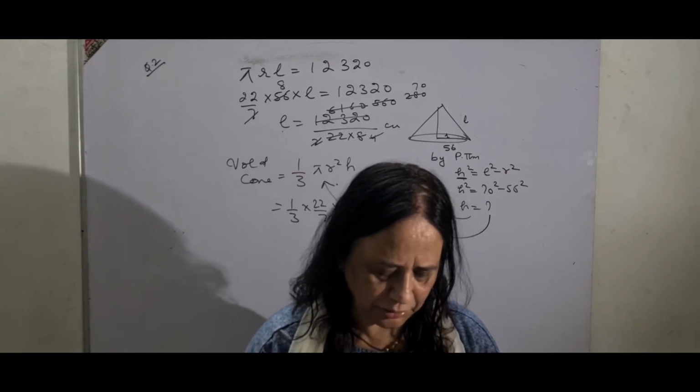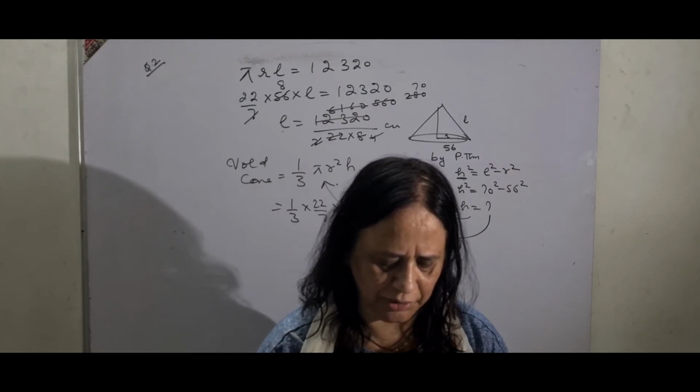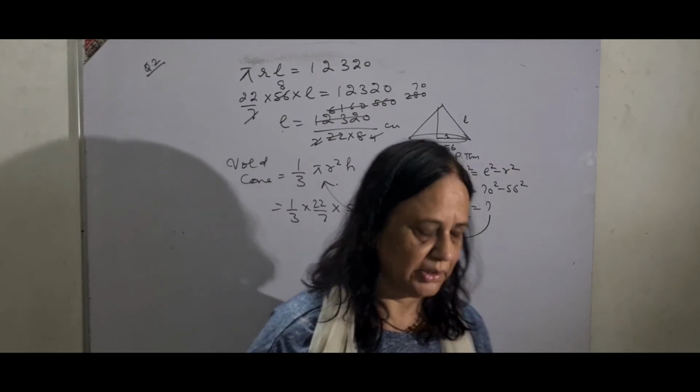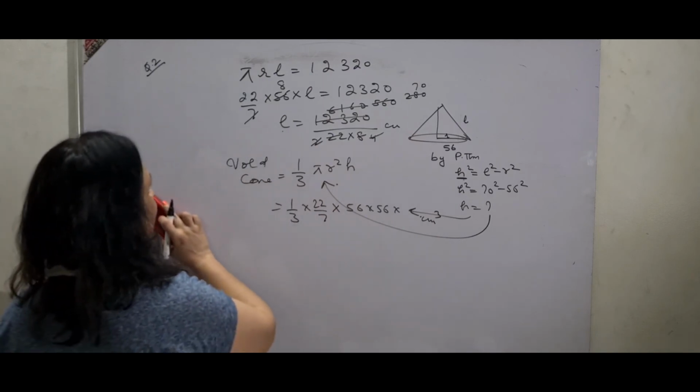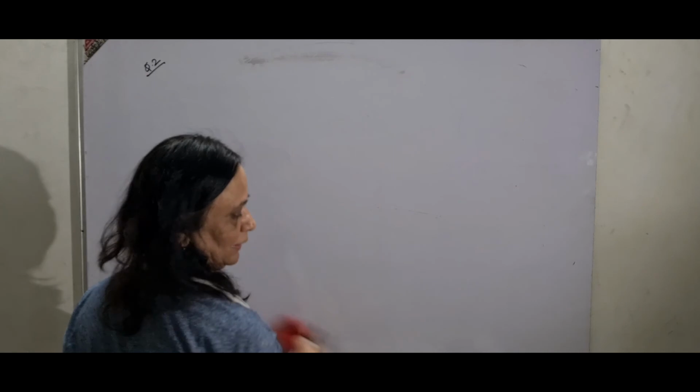Then coming to question number 3: the circumference of the base of a 12 meter high conical tent is 66 meter. So they have given you the circumference, and you know that the base of the cone is in the form of a circle.